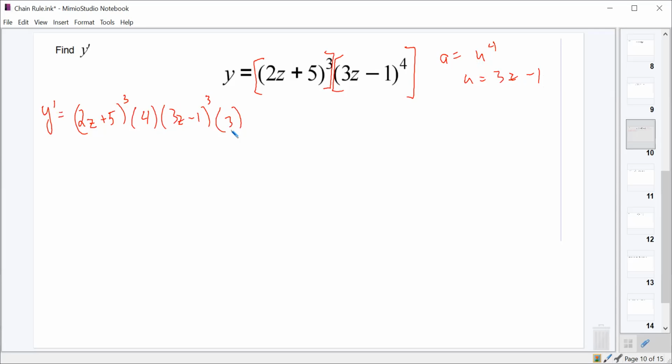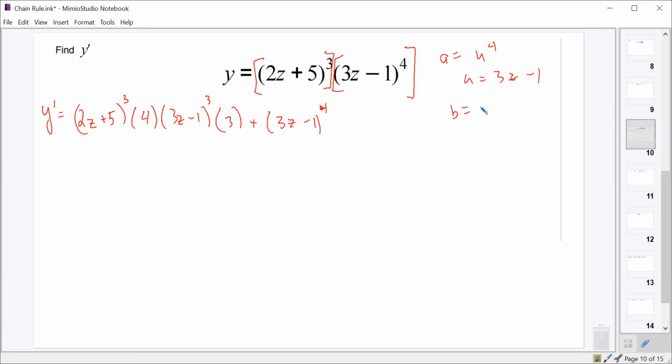Everybody okay with that for the first part of the product rule? Okay, I'm going to assume that's a yes. And then plus (3z - 1)^4 times the derivative of (2z + 5)^3.